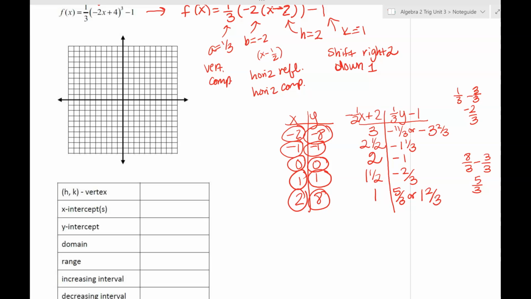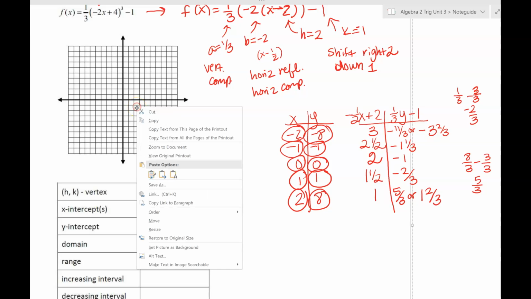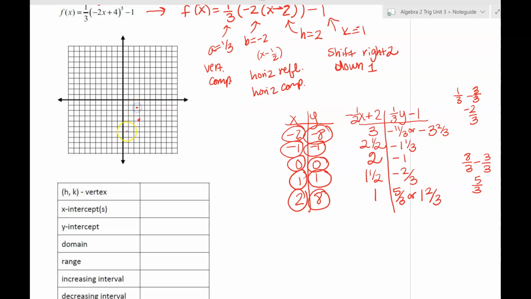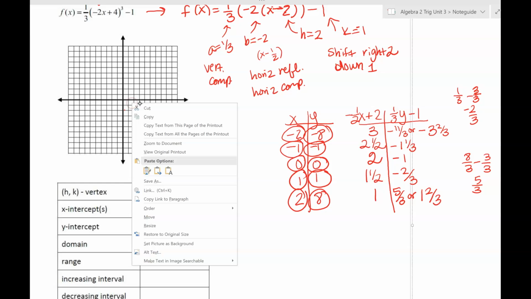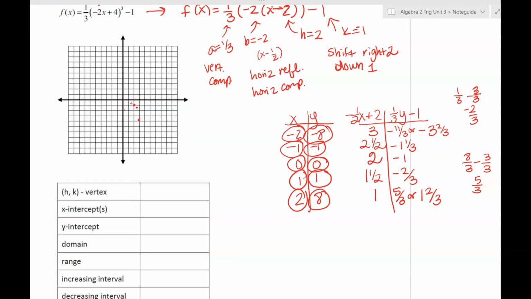So I can plot those points: 3, negative 3 2/3; 2.5, negative 1 1/3; 2, negative 1; 1.5, negative 2/3; and 1, 1 2/3.